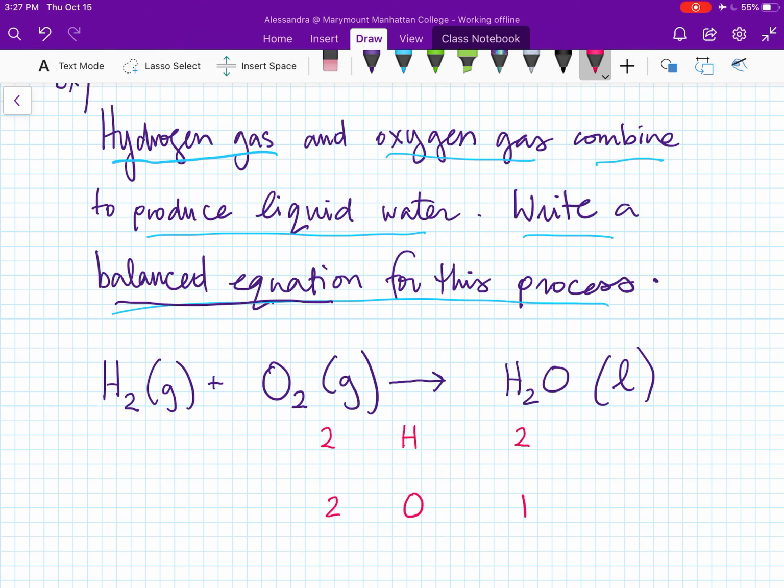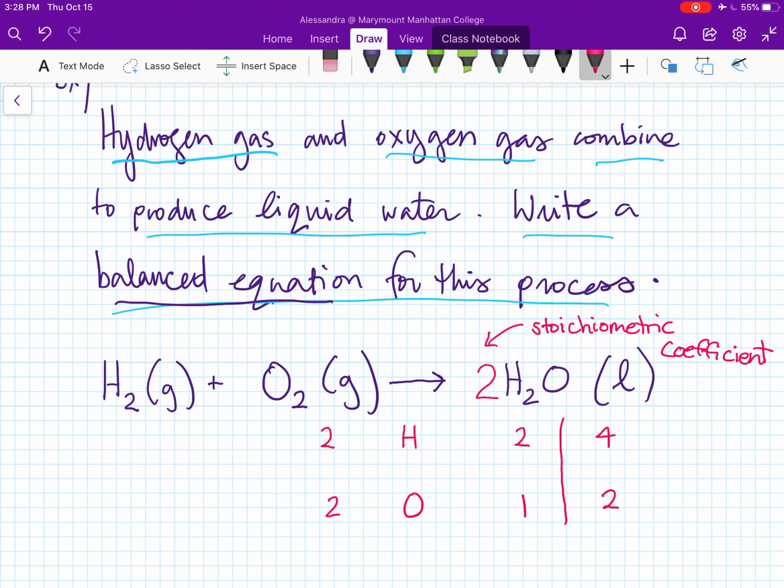And the only way I'm going to be able to do that is by putting a big coefficient 2 in front of that water so that I have 2 moles of water now represented on the product side of this reaction. Now recalculate. What I just did here was place what's called a stoichiometric coefficient. So every time you place a stoichiometric coefficient, you should recalculate.